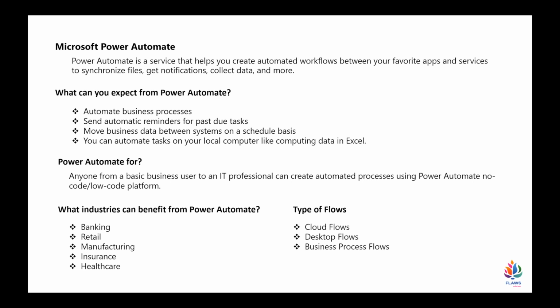Whatever Word files we have, if we need to move them to some other place, we can easily automate that in our local operations by using a desktop flow. Business process flow is about the business processes that we are doing, right? Banking operations, supply chain operations, right? Those we can all automate by using Power Automate.